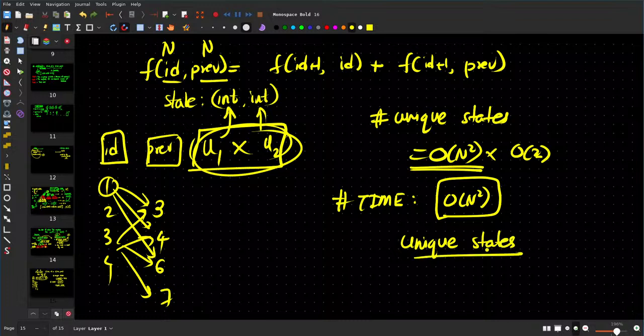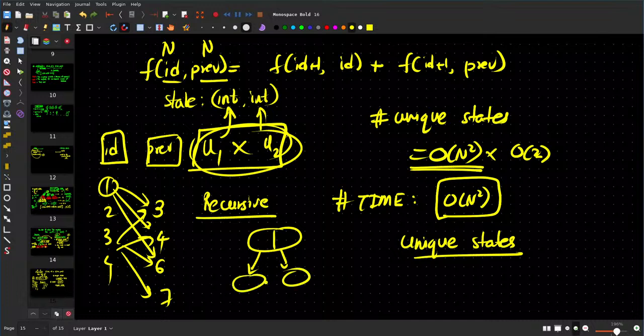And if we would have kept the recursive solution running, you would have to do it something like this. So there is a state which takes two values and there are two transitions, each of them results in these two values, then again there would have been a split.